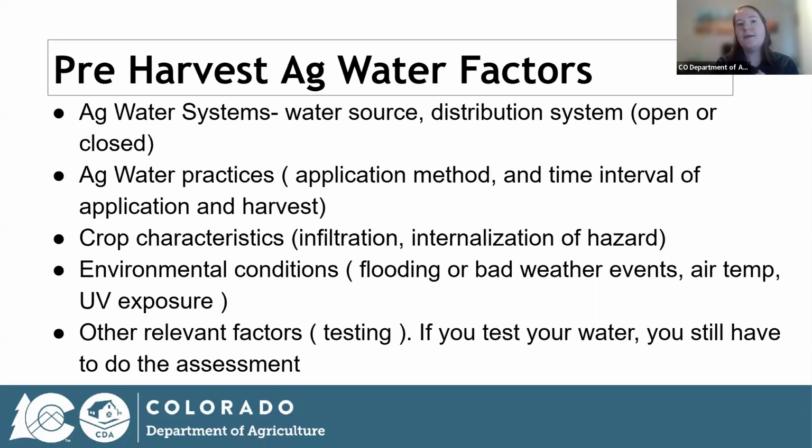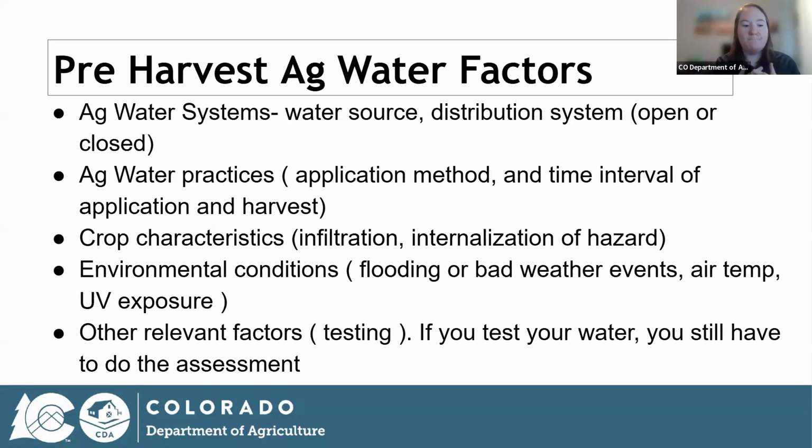There are die-off calculators, but they're not as accurate as you may think. They don't take into consideration certain things, one of them being the crop that you're growing. It's a high-level estimate, but it depends on crop characteristics.